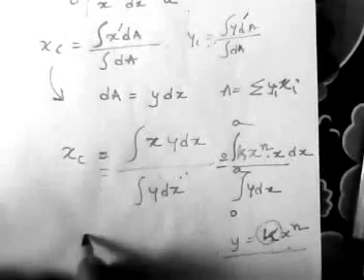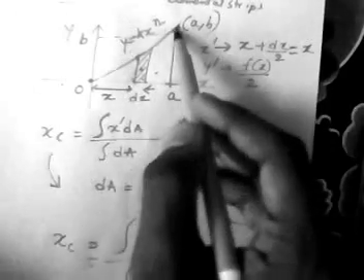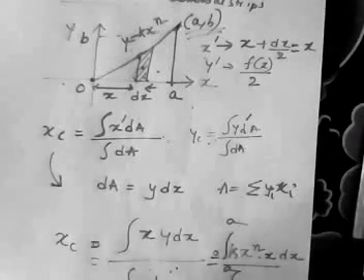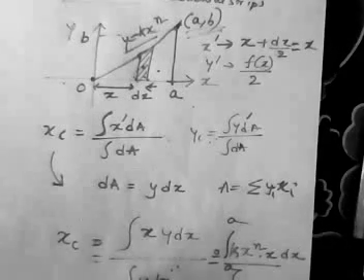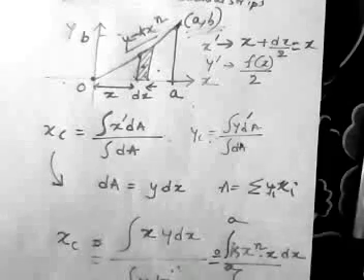Integrating from 0 to a, if this coordinate is b and this coordinate is a. So you are integrating y dx from 0 to a, and y is k x to the power n.